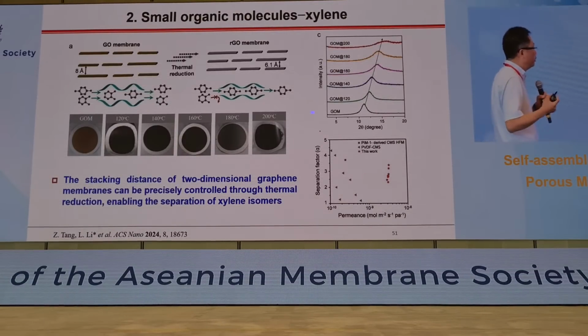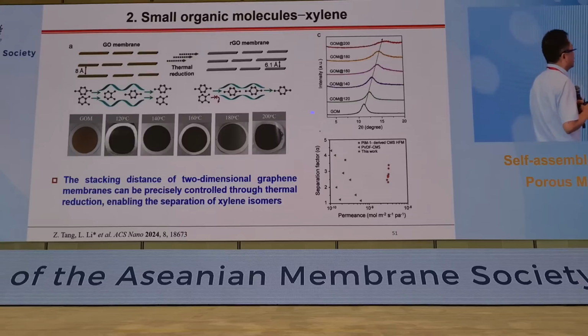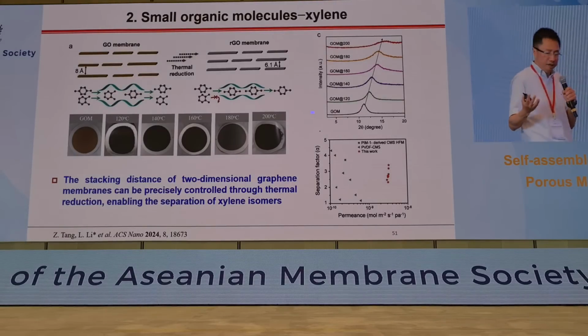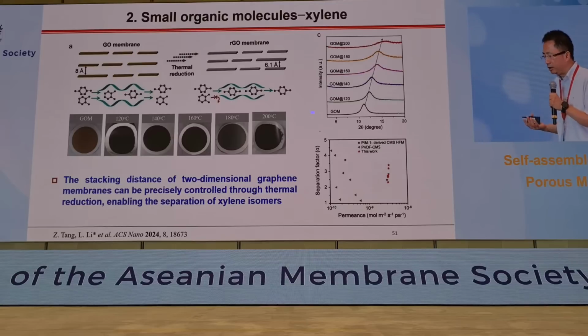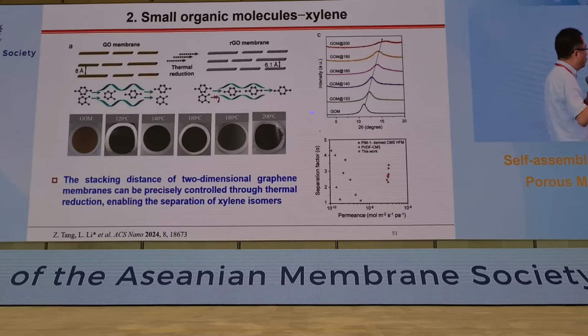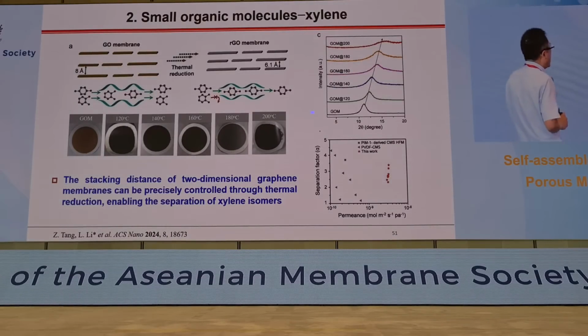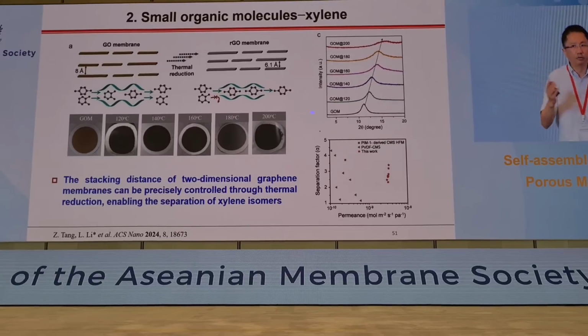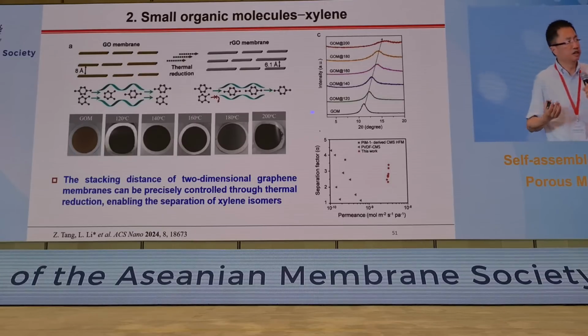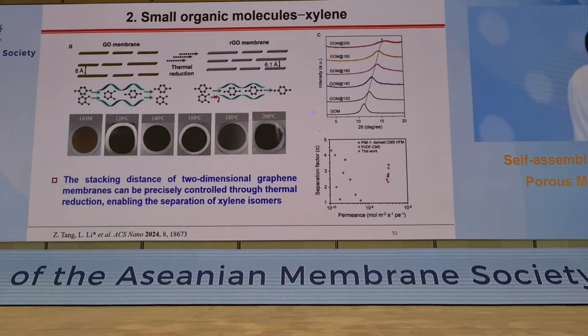We also try to separate xylene isomers with identical size and physicochemical properties. So we try to tune the stacking distance of two-dimensional graphene membrane, because as we know, the dimension of xylene isomers is about 5 to 7 angstrom.